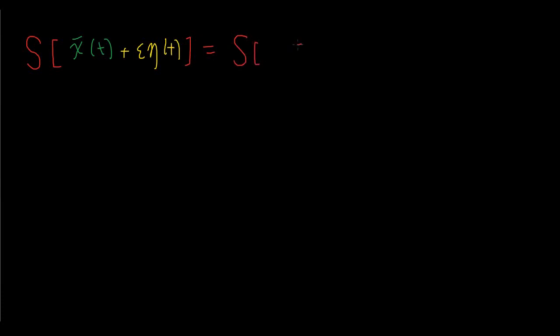S of x bar of t plus delta S. What color did I use here? I think it was that one. All right, so once again, S of x bar of t plus epsilon times eta of t equals S of x bar of t plus delta S plus terms of order epsilon squared.